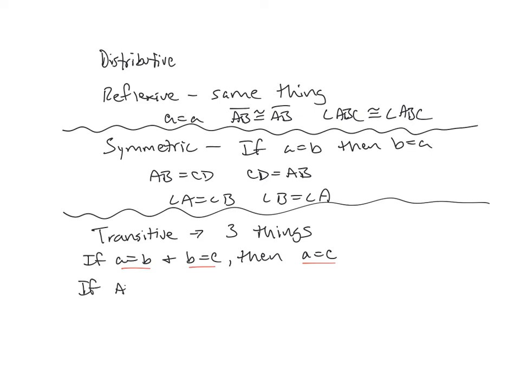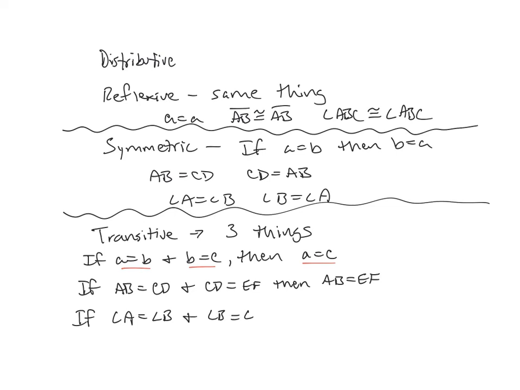If AB equals CD and CD equals EF, then AB equals EF. So it can be used with angles, segments, and just numbers. Then angle A equals angle C.